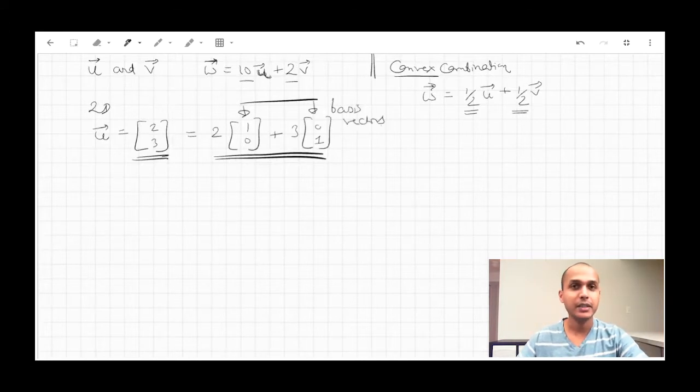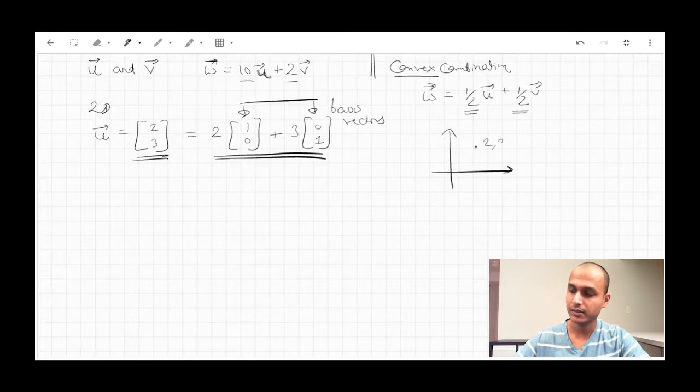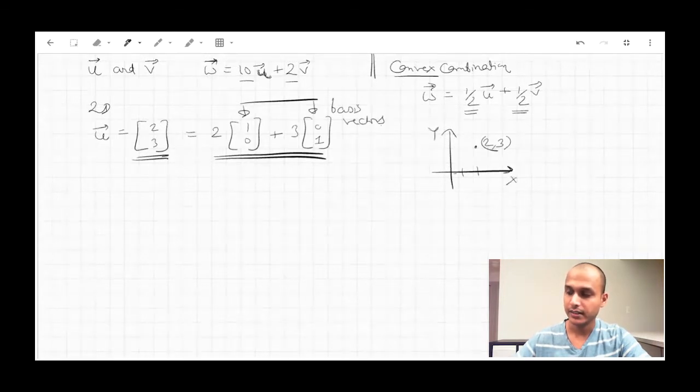Whenever somebody writes a vector, a point in a space, it's always with respect to what are called basis vectors. For example, when I say there's a point (2, 3), it's 2 units to the right on the x-axis and 3 units to the north on the y-axis.